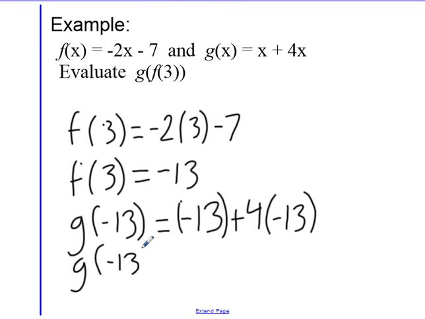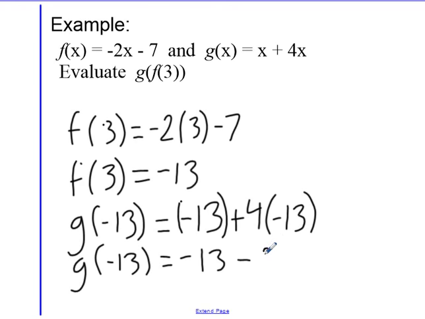So g of negative 13 is going to be equal to, following our operations, 4 times negative 13, which is 52, negative 52 because of my negative sign.